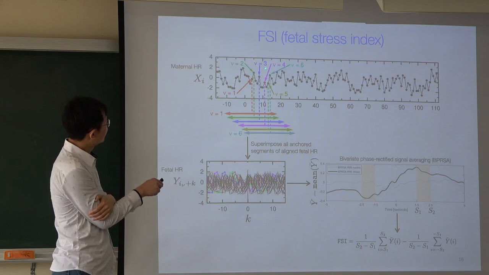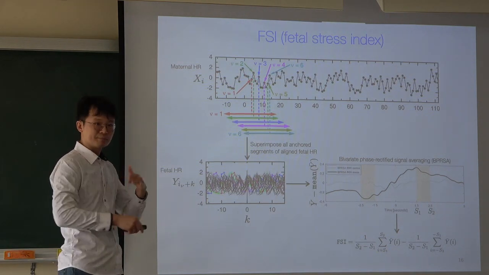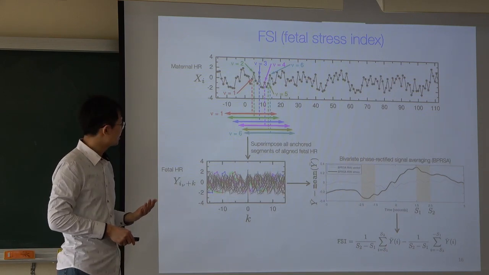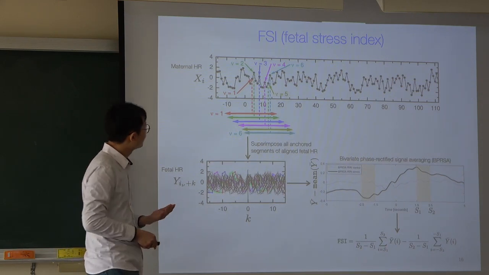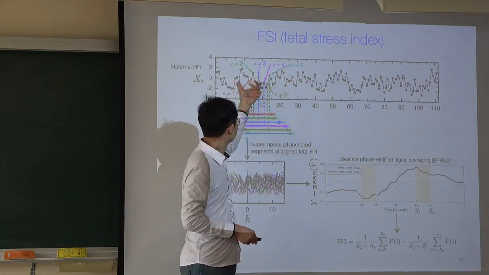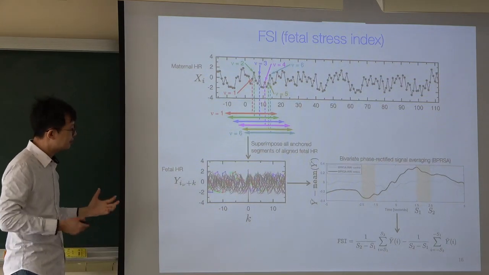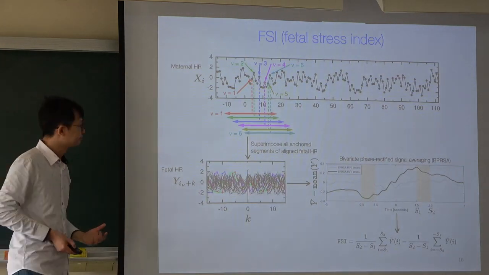So you can see, conditional on some dynamical behavior of a random process, you study its local dynamics, which is somehow related to the covariance structure.